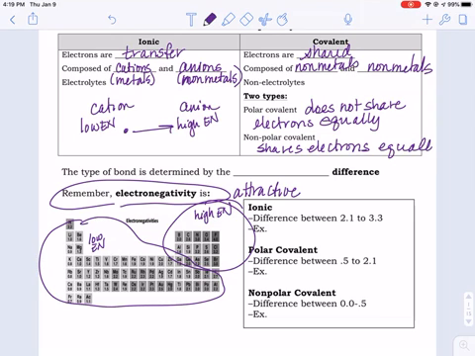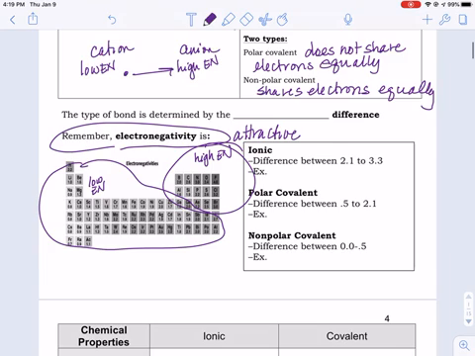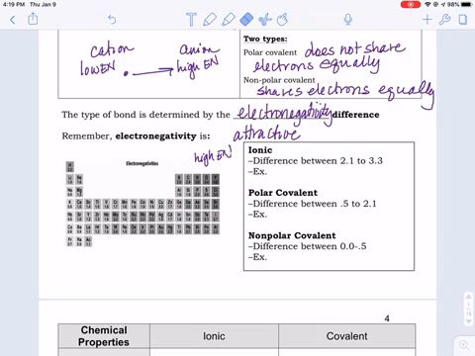How do you tell whether it's polar or nonpolar? Well, you actually need to know about ionic too. You actually have to look at the electronegativities. For instance, if we start with sodium and compare it to chlorine, sodium has an electronegativity of 0.9.